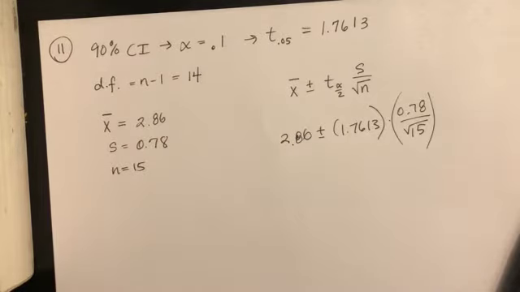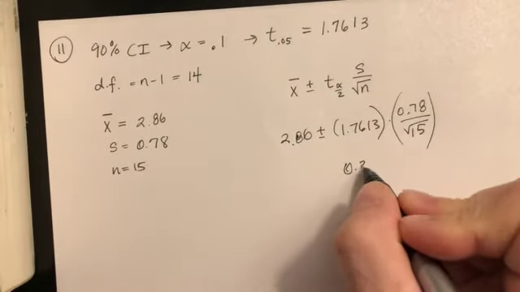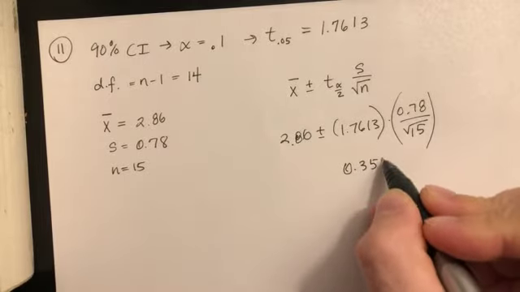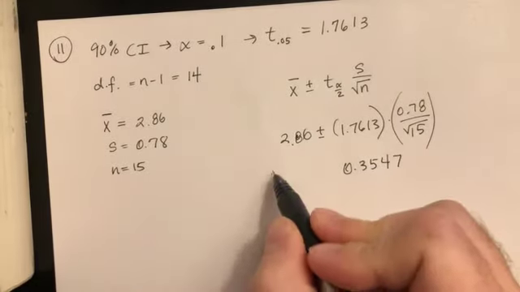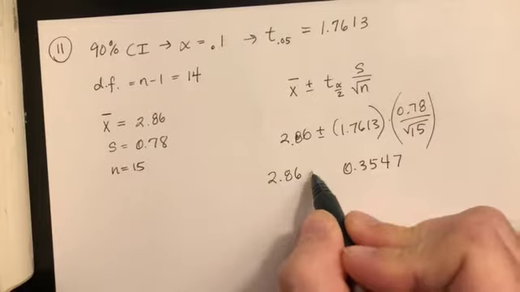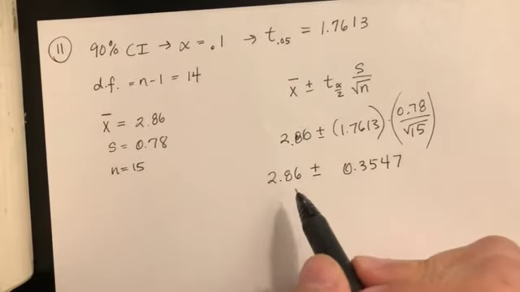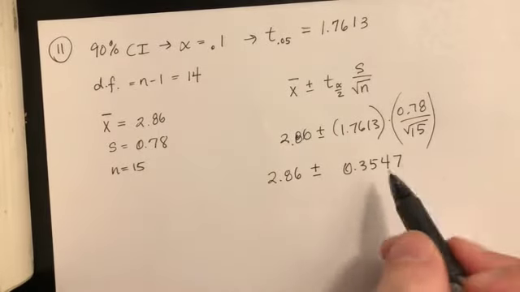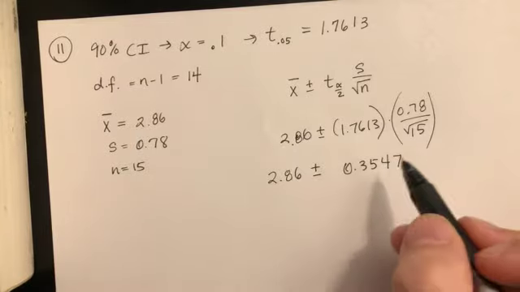Then I'm going to take that and multiply by 1.7613, and that will be equal to 0.3547. But it's 2 decimal places in the original mean. GPAs are typically 2 decimal places, so I can round it down to 0.35 if I want.